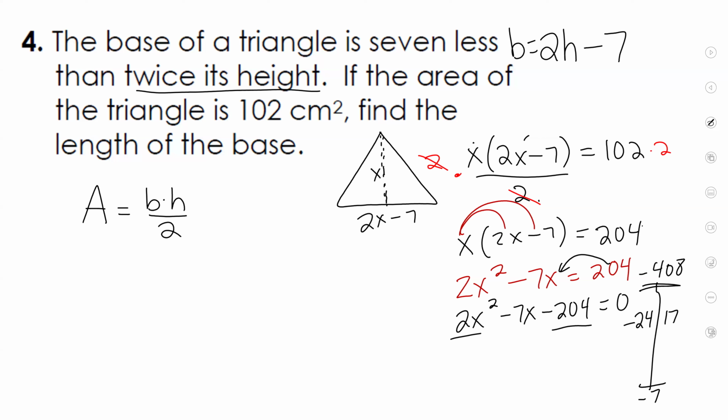Two numbers that multiply to -408 are -24 and 17, and these add to give you -7. So that's what I'm going to write. I'm going to do it over here. I have 2x squared minus 24x plus 17x minus 204.